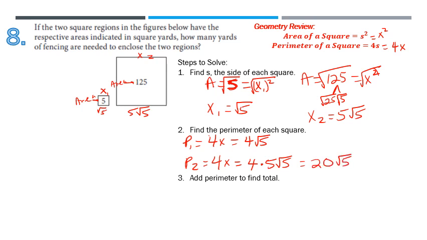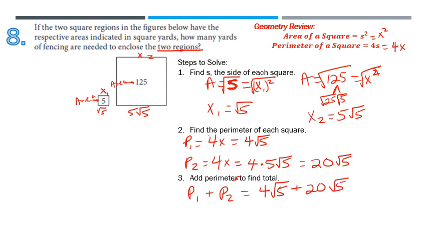Now, the problem asks for how many yards of fencing are needed to enclose the 2 regions. So we're going to add the perimeters to find the total. So we're doing P1 plus P2, which equals 4 square root of 5 plus 20 square root of 5.